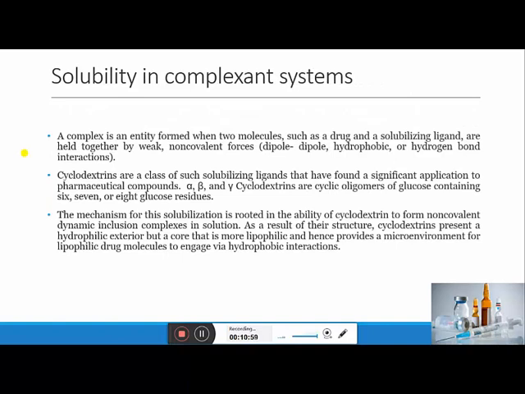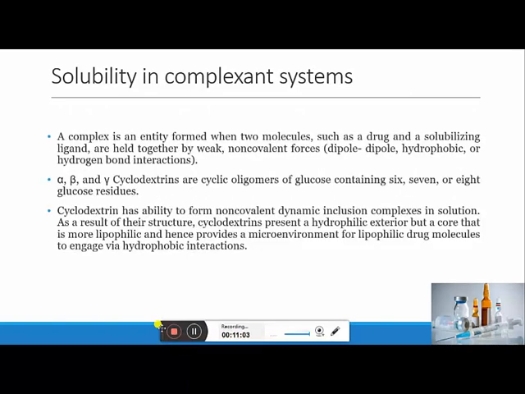Next is solubility in a complexant system. A complex is formed when two molecules are held together by weak forces or non-covalent forces like dipole-dipole forces, hydrophobic forces or hydrogen bond interaction. An example of a complexing agent which is very popular in the pharmaceutical industry is cyclodextrin.